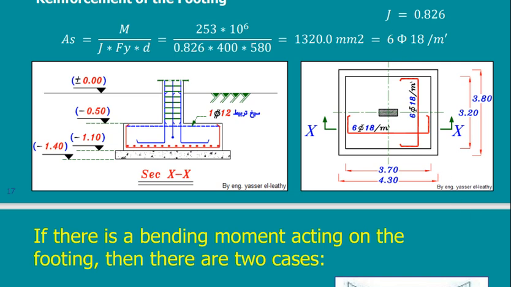So now this is the plan. This is the cross section, and this is the plan. I said that I have 6,518, so it is 6,518 in this direction and 6,518 in the other direction. I did not calculate the other direction. Why? Because I have a cantilever from both sides equal, so I don't have to recalculate.